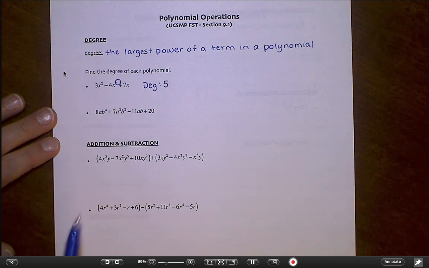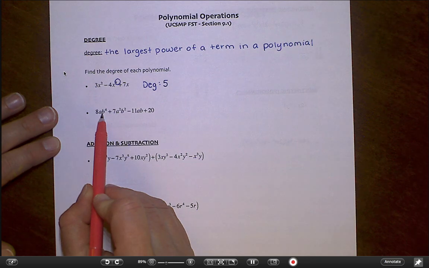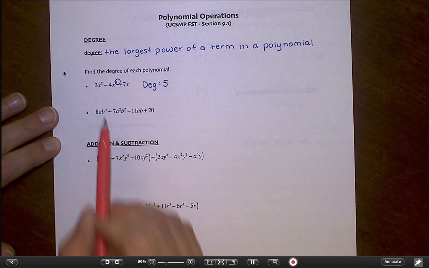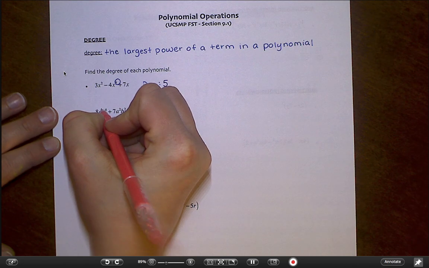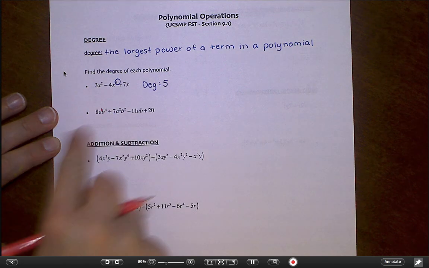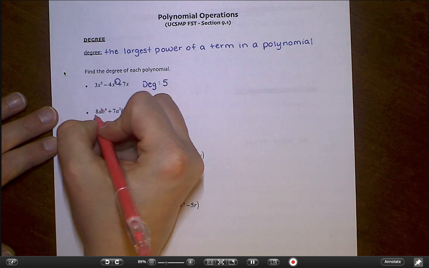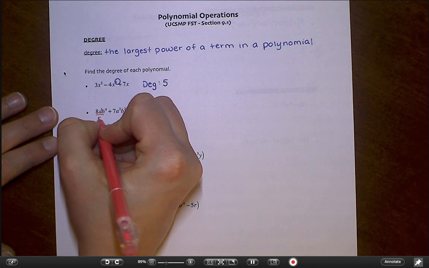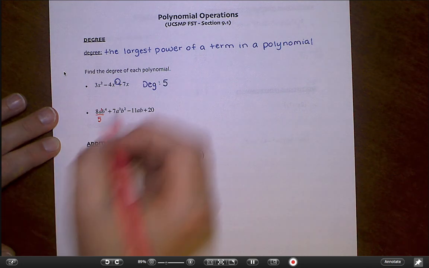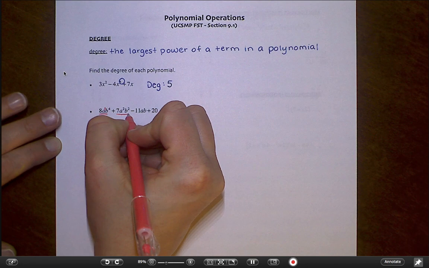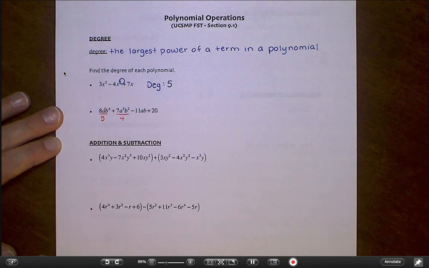Okay. Now, when we're working with something like this next one where there's multiple variables in a single term, we look at the total degree of each term. So if this is a power of 1 on the a there, and that's a power of 4, then this term really has a total power of 5. We combine those exponents together. This term has a total power of 4.